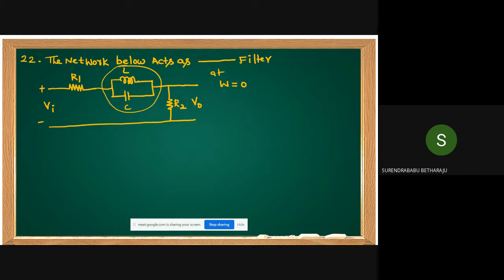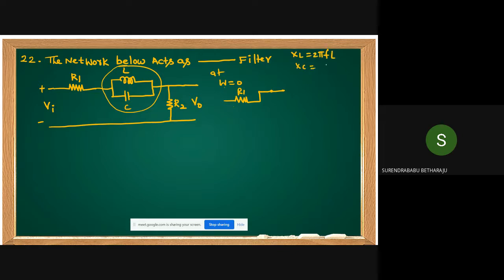Sorry, at omega equal to 0, which acts as a short circuit, inductor or capacitor? Not the total LC combination. Inductor, because XL equals 2 pi FL and F is 0.